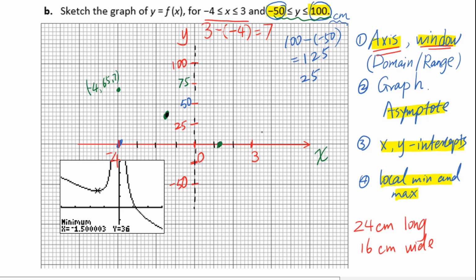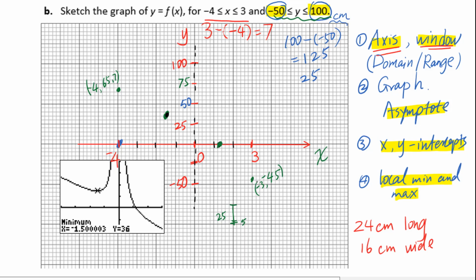When x equals 3, you get negative 45. It will be here, negative 3, negative 45. You remember this is a 25, and each small one will be 5.